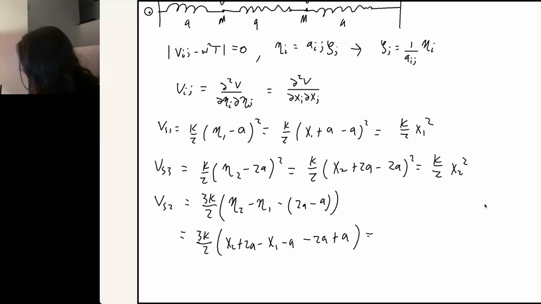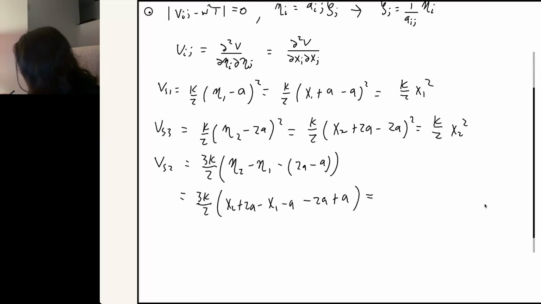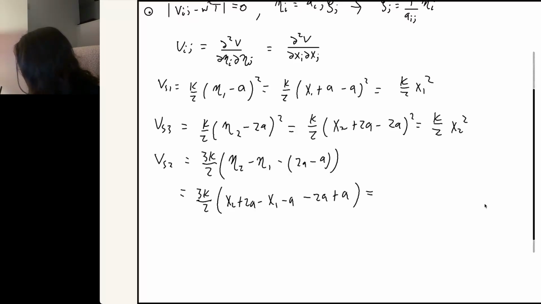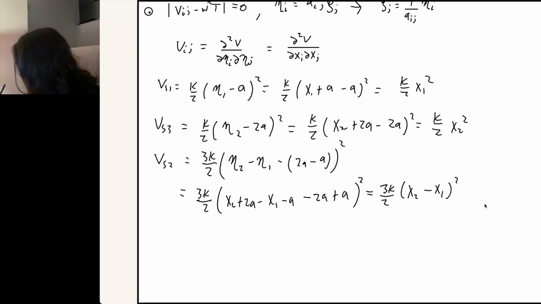Again, all of the equilibrium terms cancel out, so we'll just have 3k over 2 (x2 minus x1) squared, for a total potential of k over 2 times x1 squared plus x2 squared plus 3 (x2 minus x1) squared.